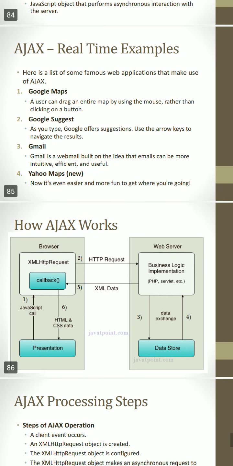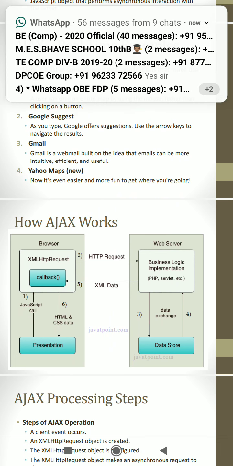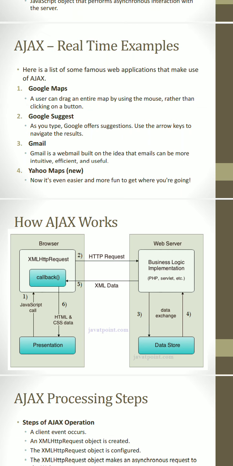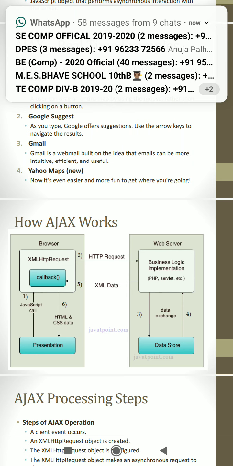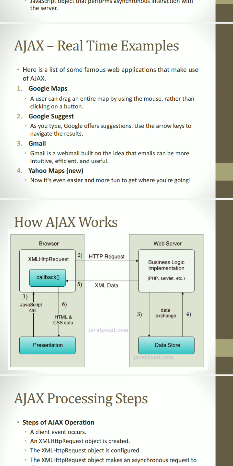In the next diagram, this is the process or working of Ajax. Number one is mentioned in that diagram: JavaScript call. That means any event by the client is fired, or you can say Ajax uses the XMLHttpRequest object to communicate with the server.